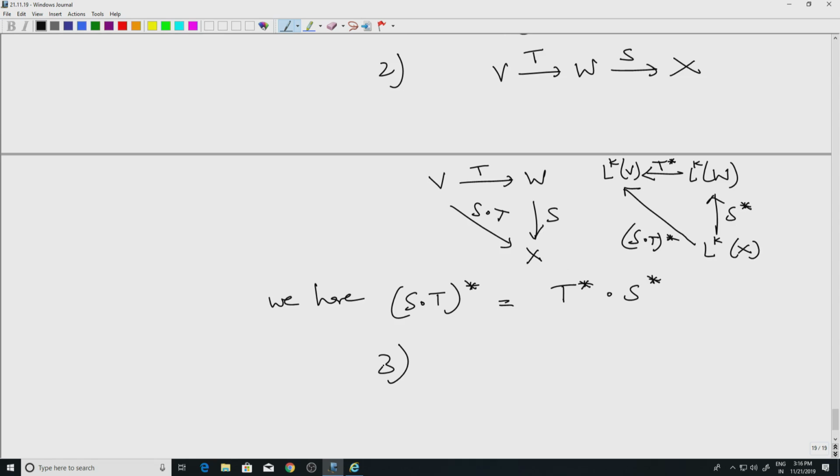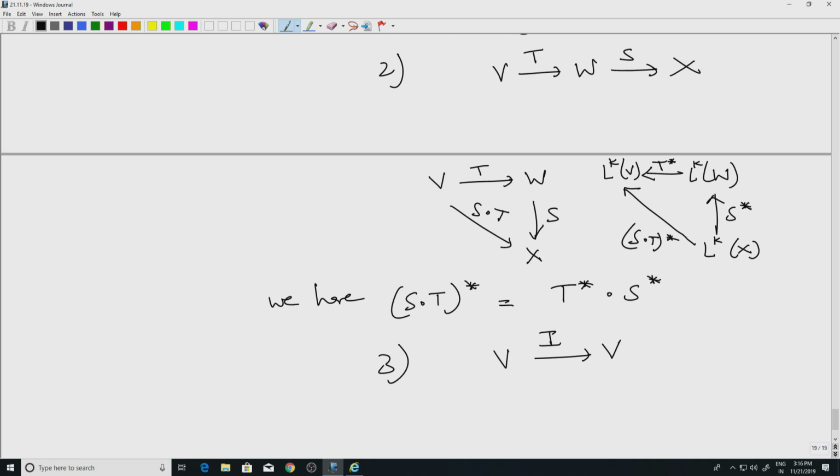And another important property is that if I have the identity map, this is actually quite trivial, but one should mention it. These two, the 2 and 3, sort of go together. Together they make up what is called the functorial property of this pullback.